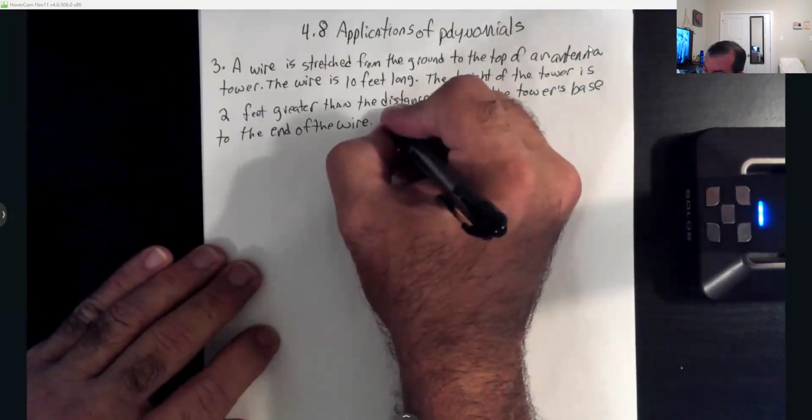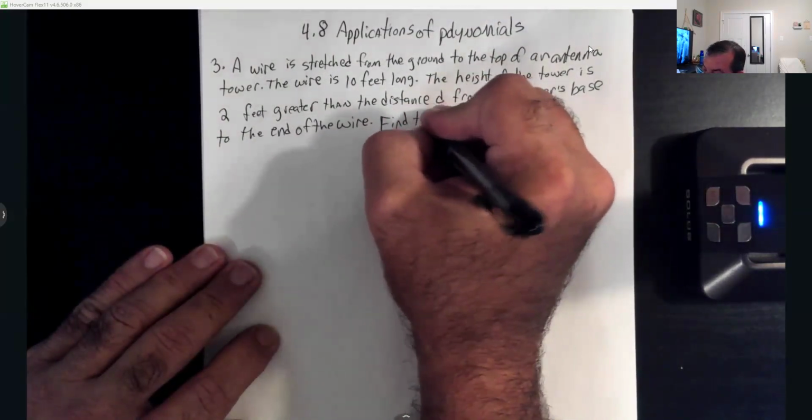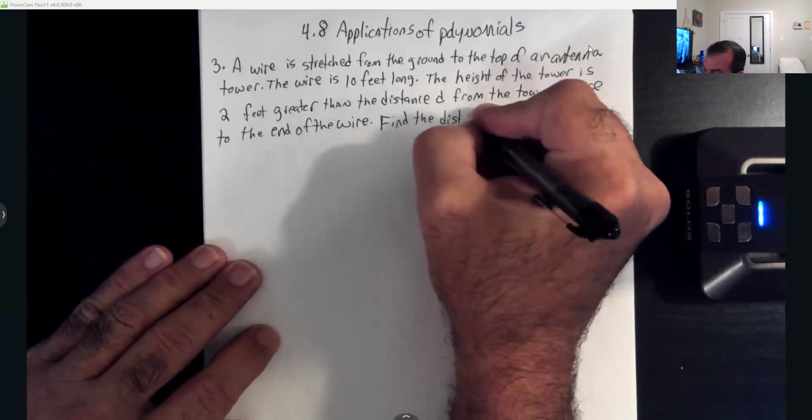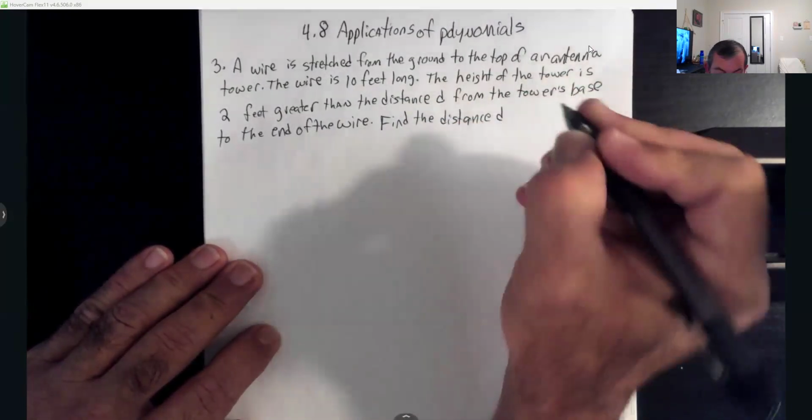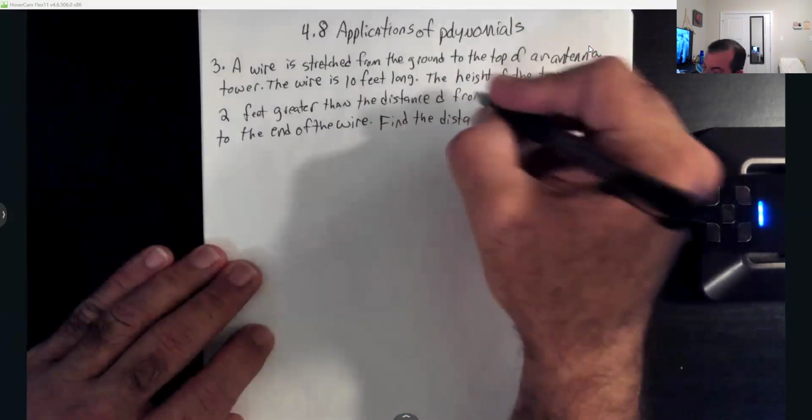Then they say find the distance D and the height of the tower.